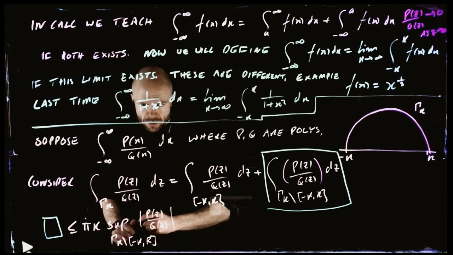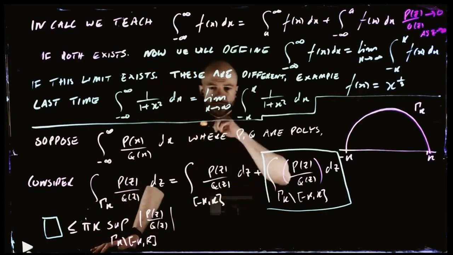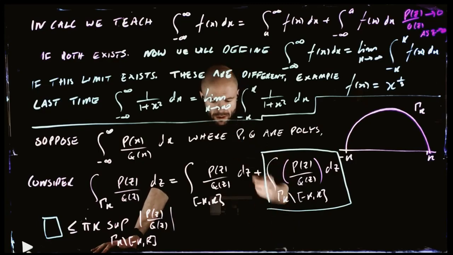So what do we require? Remember, it's a rational function. What's the rate at which it goes to 0? Can it go, for example, to 0 like 1 over capital R to the 3 over 2? Is that possible?